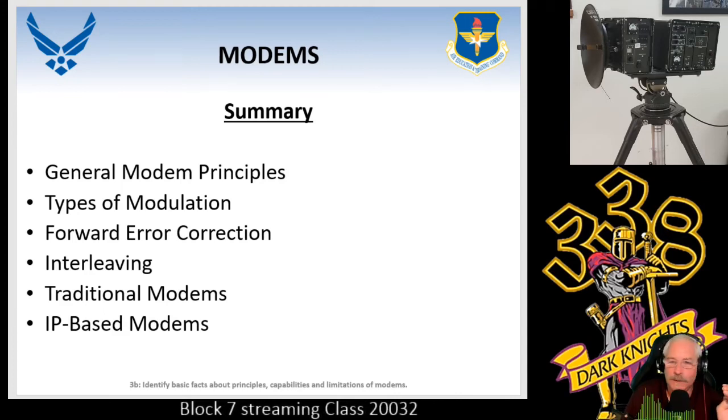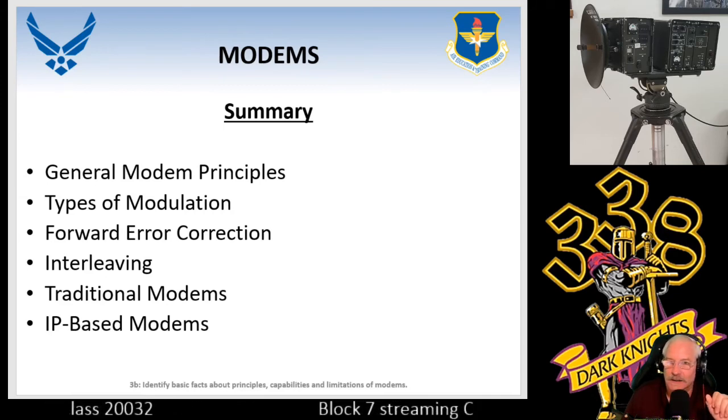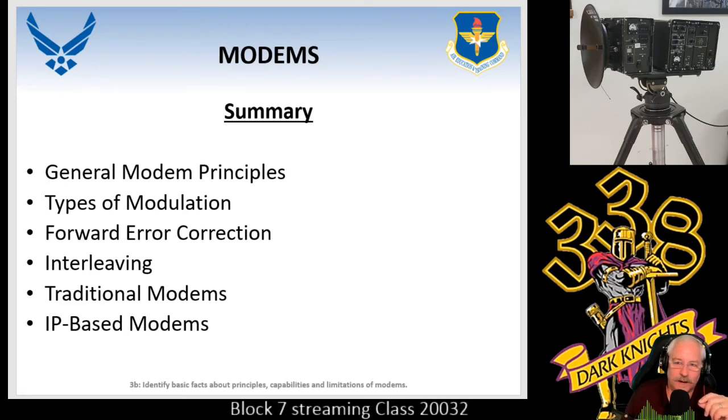Abul, name me one that has more than 1 bit per symbol. We listed 2. It is the quadrature phase shift keying. Excellent. All right, what 3 things do I need in order to find out what my symbol or baud rate is, Airman Alvarez? Could you repeat the question, sir? Sure can. In order for me to figure out the baud rate or symbol rate, there were 3 things we mentioned that are needed.